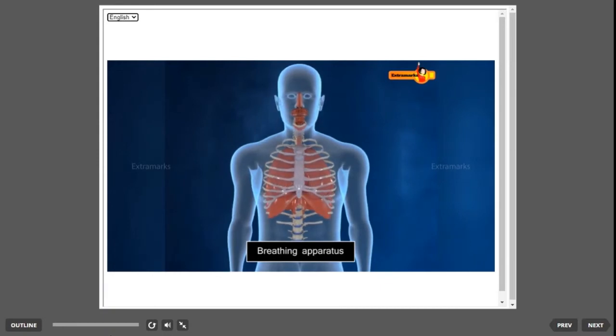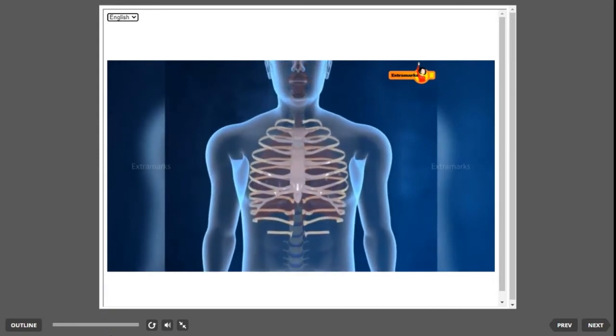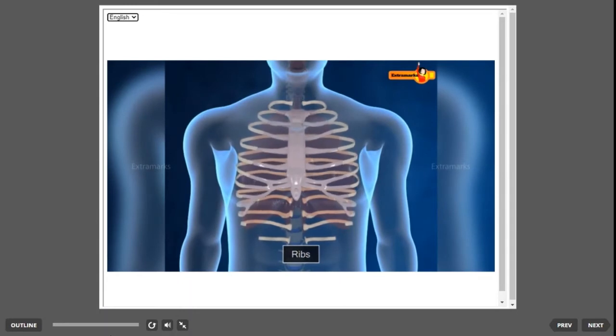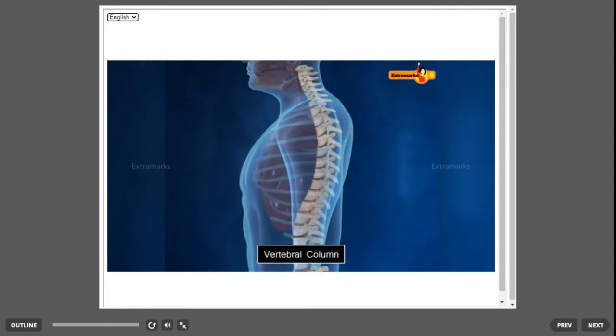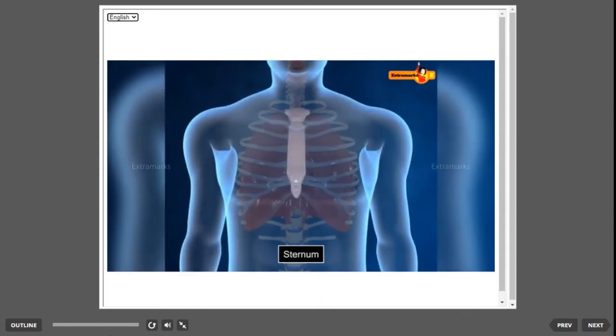The breathing apparatus consists of ribs, diaphragm, vertebral column, and sternum.